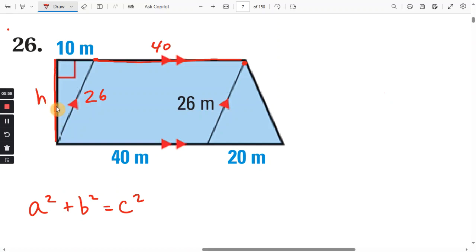Whatever you get for h is also going to be the height of this triangle right here. That's going to be your height h. It's also going to be the height of your parallelogram. Makes a right angle with the base. That's going to be your h. Okay, so once you find this h, you got the height of the parallelogram. You got the height of that triangle as well.